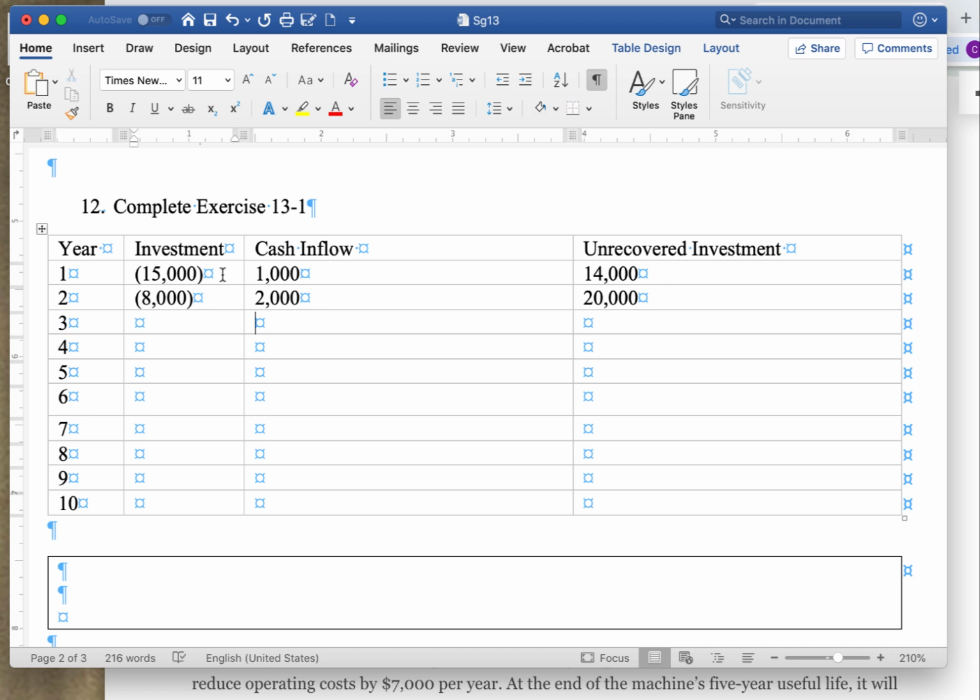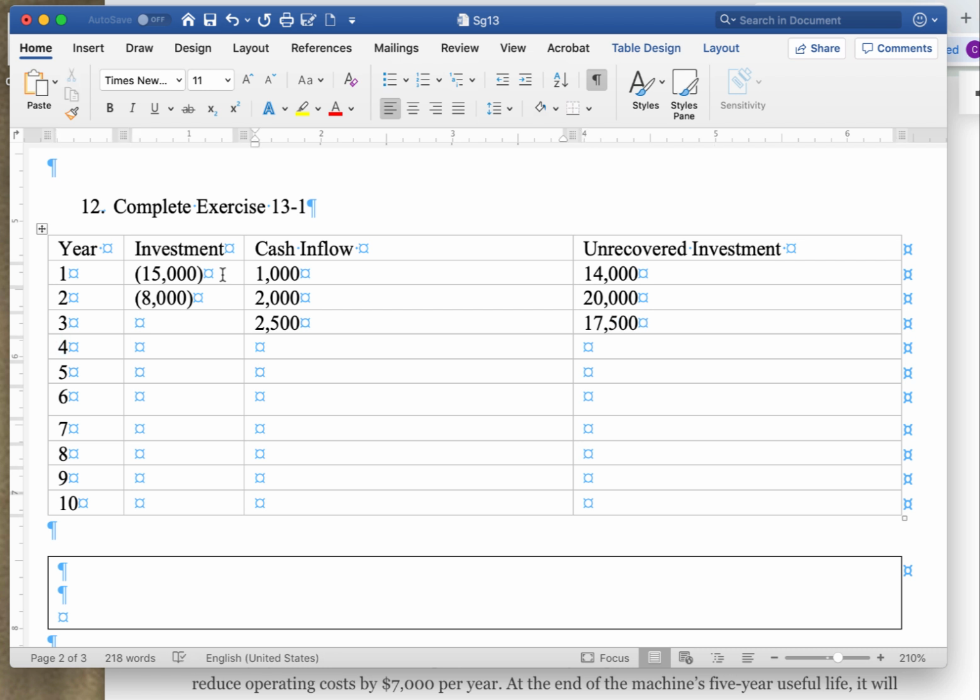So year 3 we invest nothing, but we have a cash flow of $2,500. Great. So how much is still left uncollected? Well, 20,000 minus 2,500 gives me $17,500.